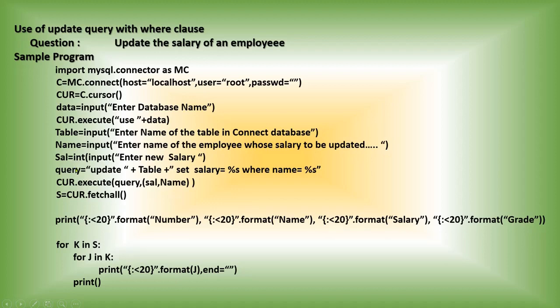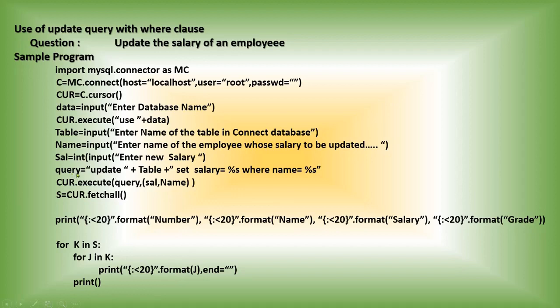Here I just use a variable to store the query. Instead of typing the query inside the execute method, I just store the query inside a variable. You can see the example here.